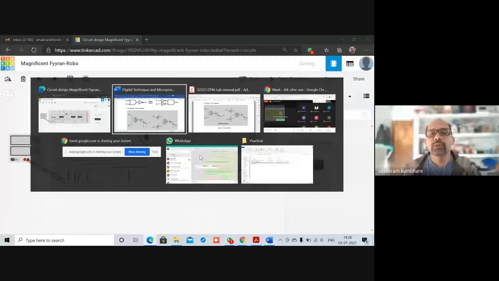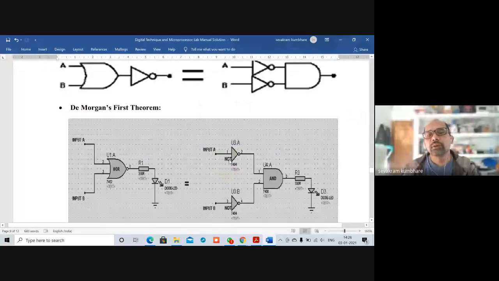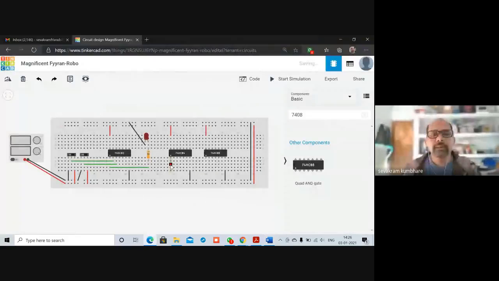Now input A should be connected to pin number 1 of this 7404. So this is pin number 1. This should be connected to input A, and as we know this is input A and this is input B. So I'm going to connect this other line to pin number 1 as an input.